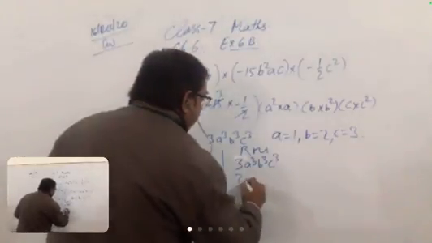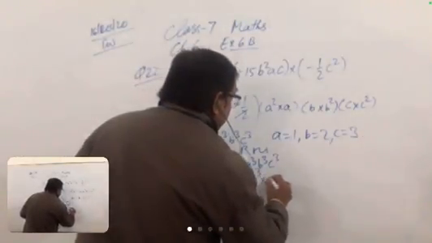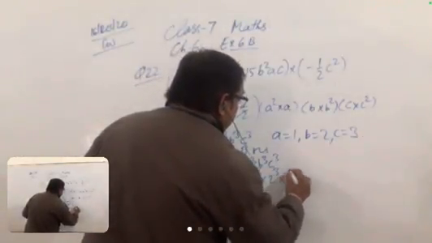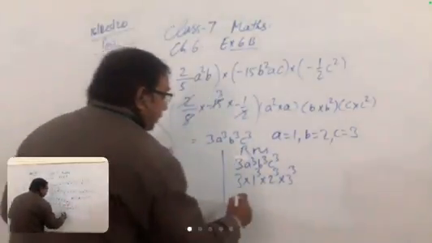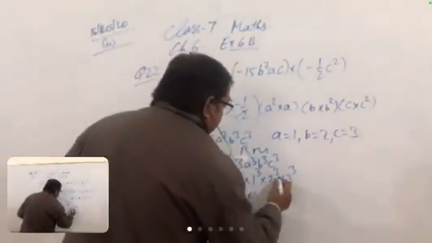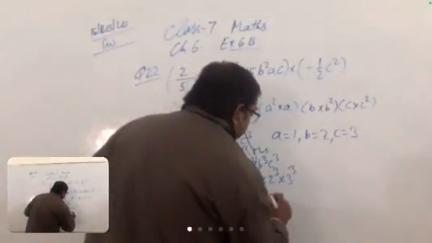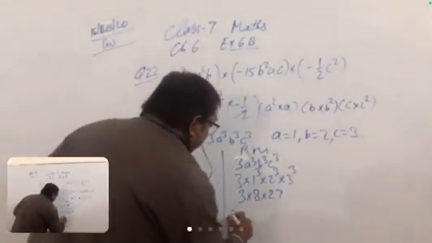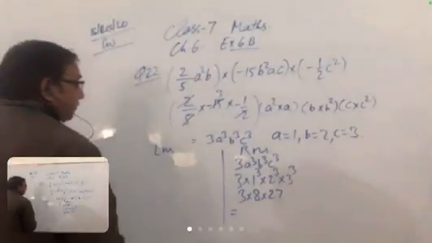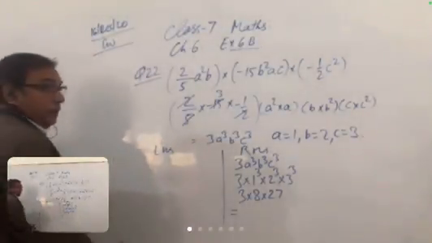So 3 times 1 cube, 2 cube, and 3 cube. So it will be 3 multiplied by 8, which is 2 cubed, and 27, which is 3 cubed. Now please multiply this. I will solve the first part here.